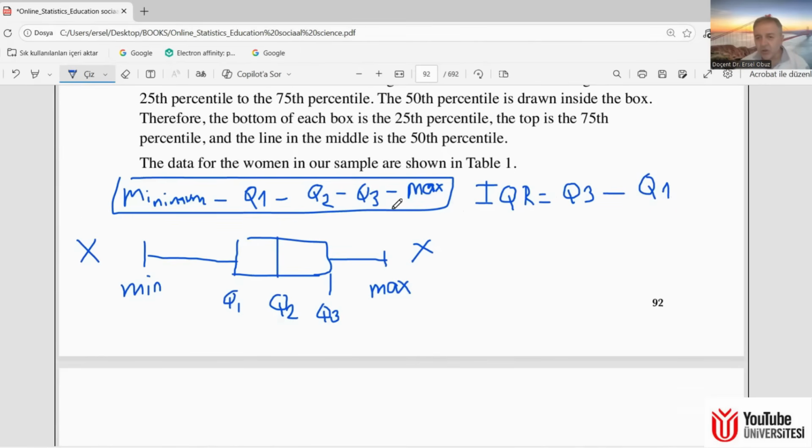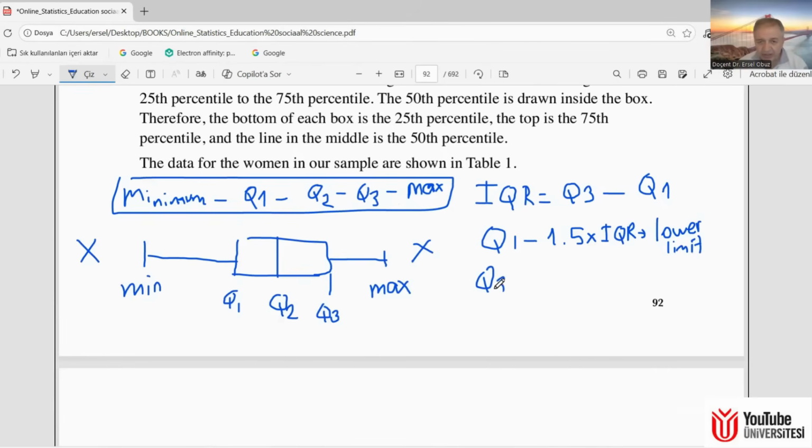When you have Q3 minus Q1, you will get the IQR value. So what you do, Q1 minus 1.5 times IQR is your lower limit.